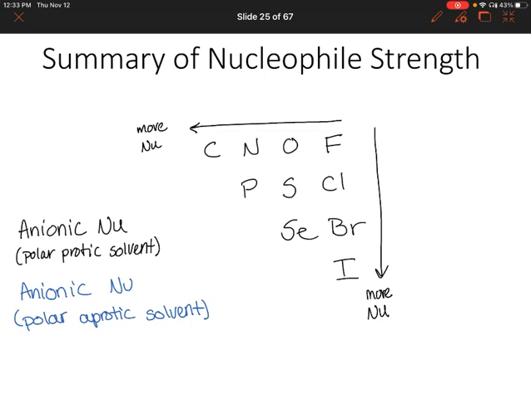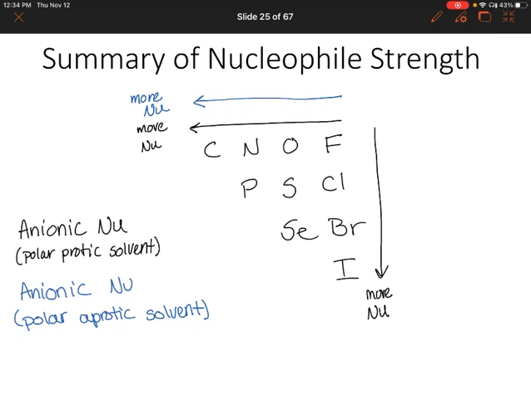So if we're considering atoms in a row, will nucleophilic strength increase going left or going to the right? So again, we really just care about the electronegativity if we're comparing atoms in a row. So the trend will be the same. So the less electronegative something is, the more nucleophilic it is, at least going across a row.